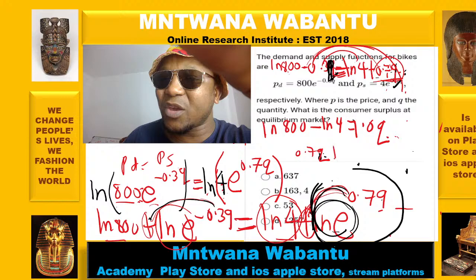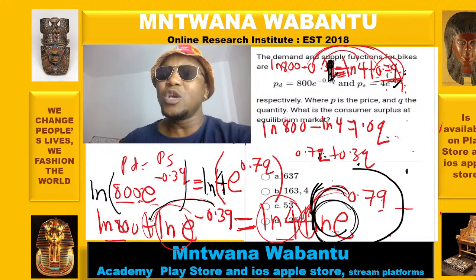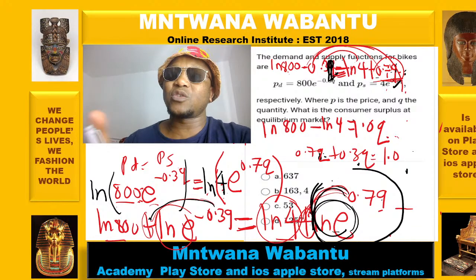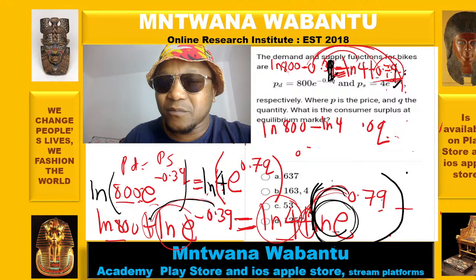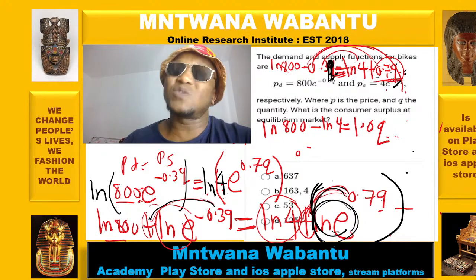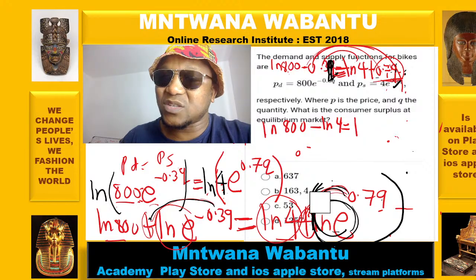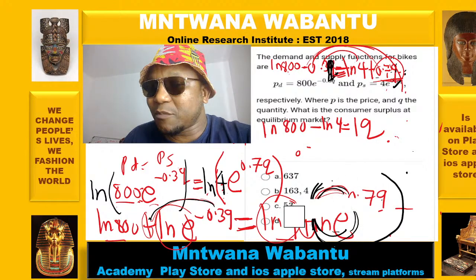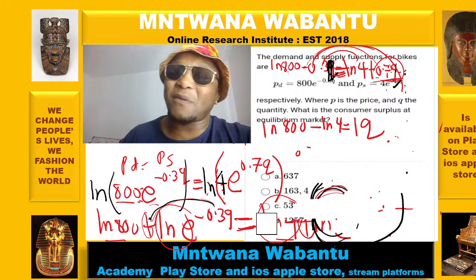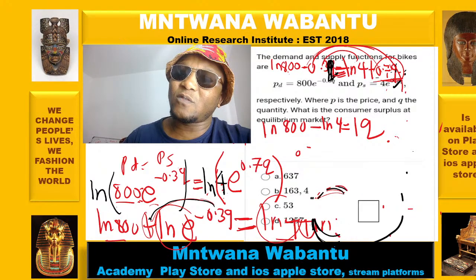When you jump the equal sign, it's going to become plus 0.3Q. So when you add them, it's going to become 1.0Q. So that's what I say. After the equal sign here, we have 1.0Q. It's like 1Q. 1.0 is just 1Q. The reason I'm doing this is because I want to get the value of Q, and after I get my value of Q, then I can solve the consumer surplus.